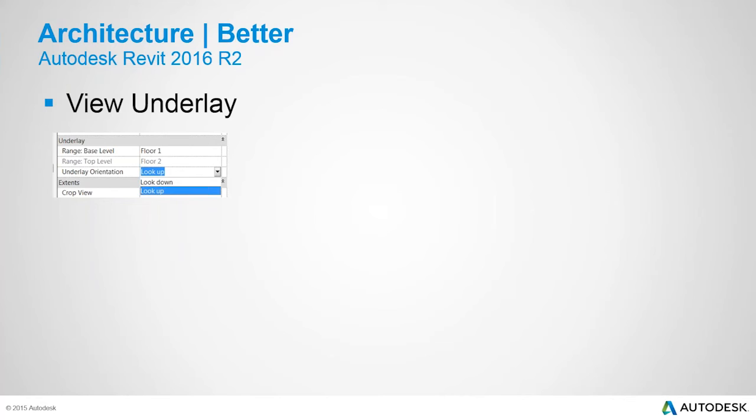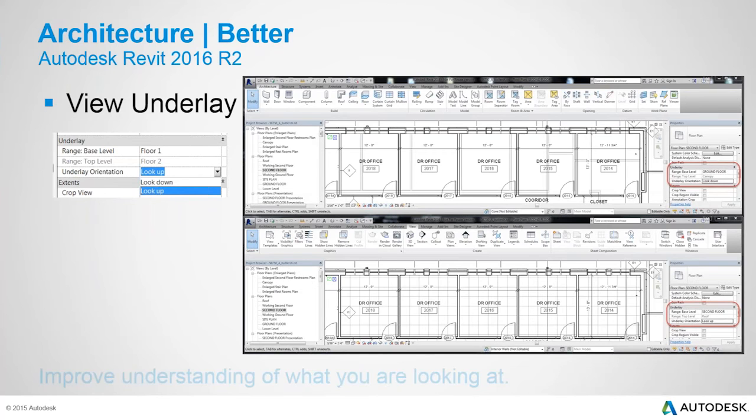When using this underlay feature in plan views, we can now choose whether it says look up or look down. Okay. So in here, if you look over in the examples, here we've got this additional underlay orientation. Okay, so they've just renamed this so it's look up, look down.